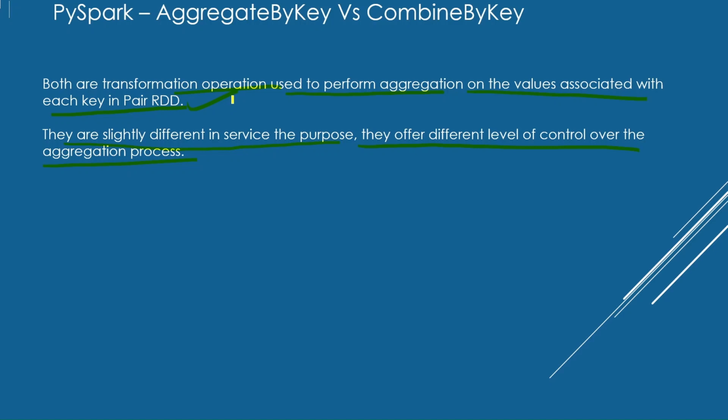It provides a slightly different level of control whenever we write the aggregation function. So aggregate by key and combine by key provide different kinds of control over writing a custom aggregation function.